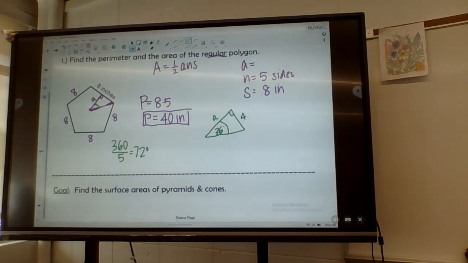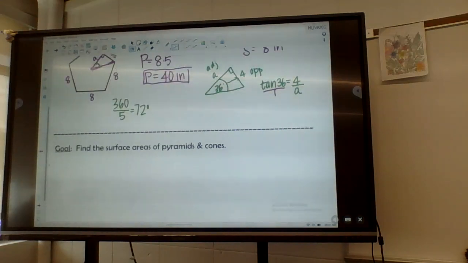So we're going to find little a using trig. And you can either change your perspective, or otherwise just set it up the way it is. And so hopefully you're not struggling with doing these anymore. It's becoming a little bit better.